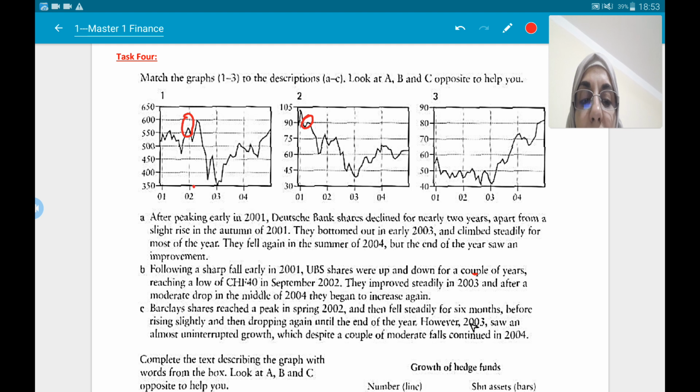However, 2003 saw an almost non-interrupted growth, which despite a couple of moderate falls continued in 2004. So a rise, a fall, a rise, a fall, a rise. After 2004 there is a steady rise or improvement.